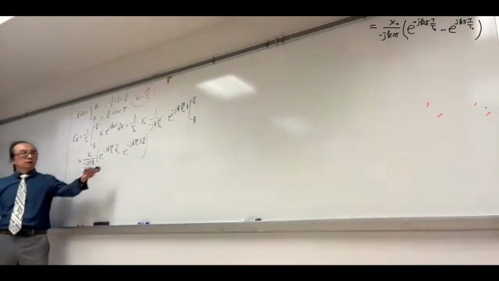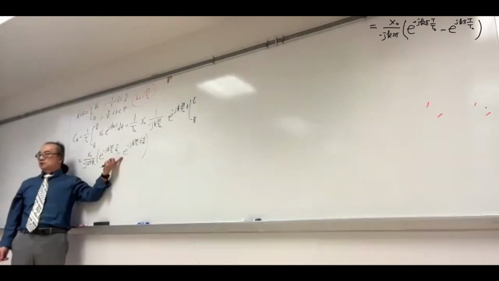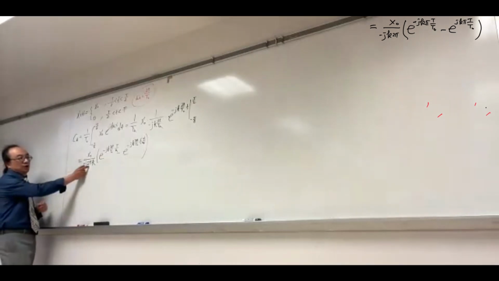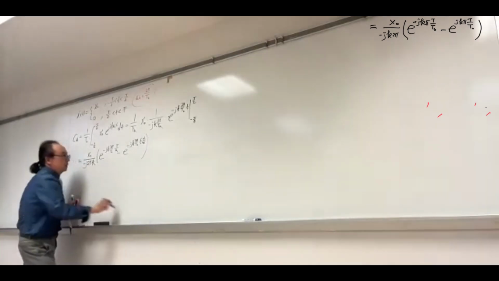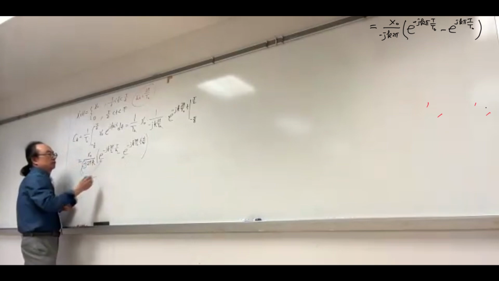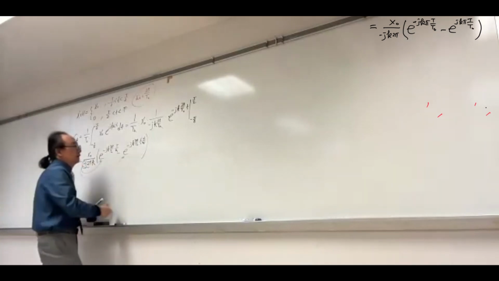And at this point, I see a negative in between the exponential functions. That means it's a sine, not cosine. And for the sine, we have to have a denominator of j2. We have it here. So what I'm going to do is multiply by negative 1 here, and then bring j2 to the denominator.